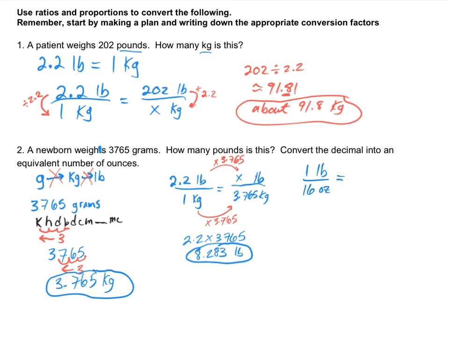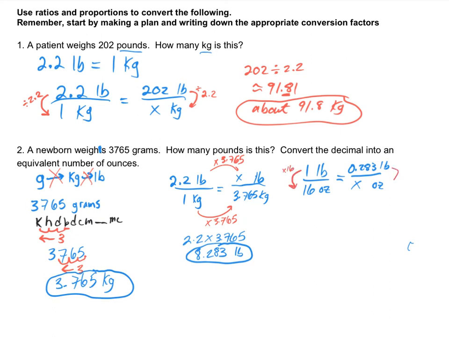And we're not looking for 1 pound here. We're not converting 1 pound. We are converting 0.283 pounds. So just taking that decimal, we're converting just that decimal into an equivalent number of ounces. So here is a proportion that we need to solve. I can see that pounds to ounces is being manipulated by a factor of 16.